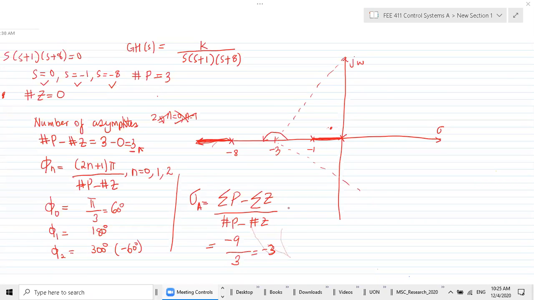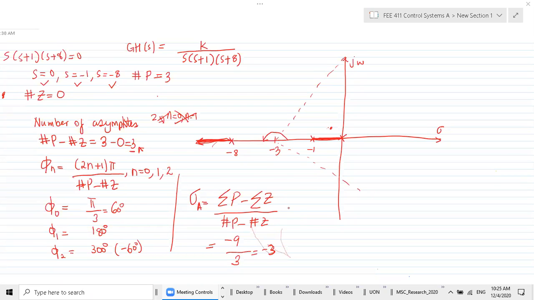Normally we use this formula, the centroid. The centroid is given by the sum of poles minus the sum of zeros. You add all the poles.